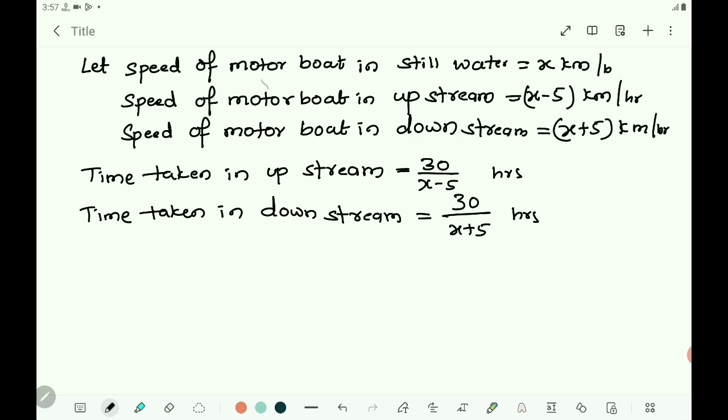Then the total time taken is how much? 4 hours 30 minutes. Total time means, consider this is first one, this is second one. First time plus second time is equals to what? 4 hours 30 minutes.